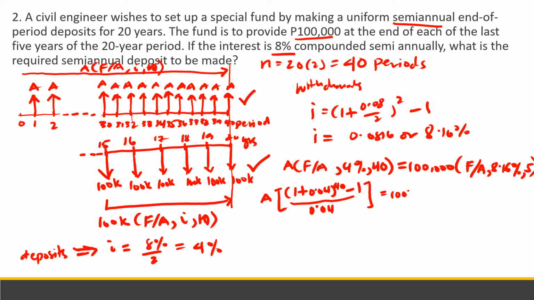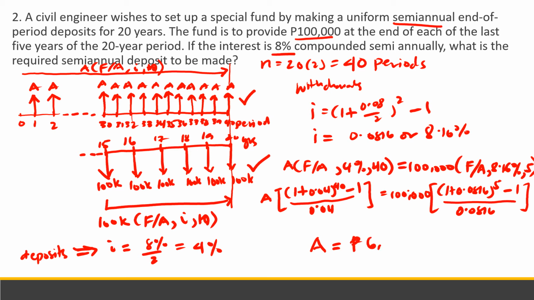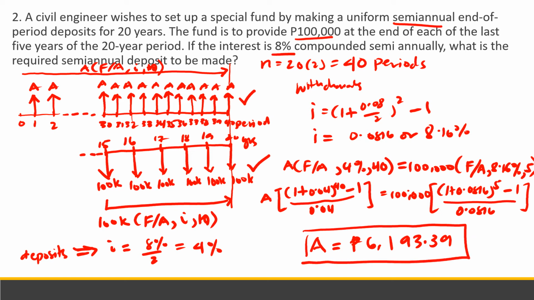So this is 100,000 multiplied by 1 plus 0.0816 to the power of 5 minus 1 over 0.0816. So A will be, or the equal amounts that the civil engineer would deposit for a special fund is 6,193.39 pesos. So magamit natin yung equation of value at the same time.